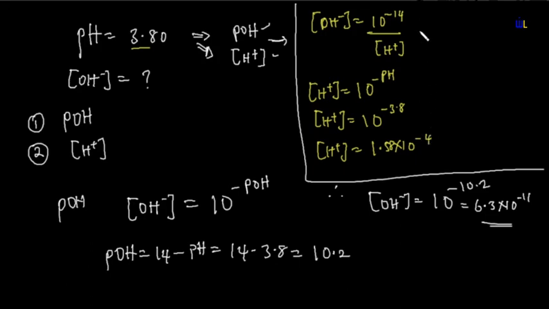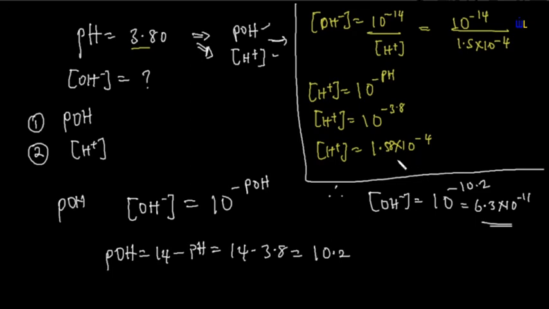Okay, good. So if we now put this in our formula to get OH, remember we're not looking for H, we're looking for OH: 10 raised to power minus 14 divided by 1.58 times 10 raised to power minus 4. Please, what is your answer?